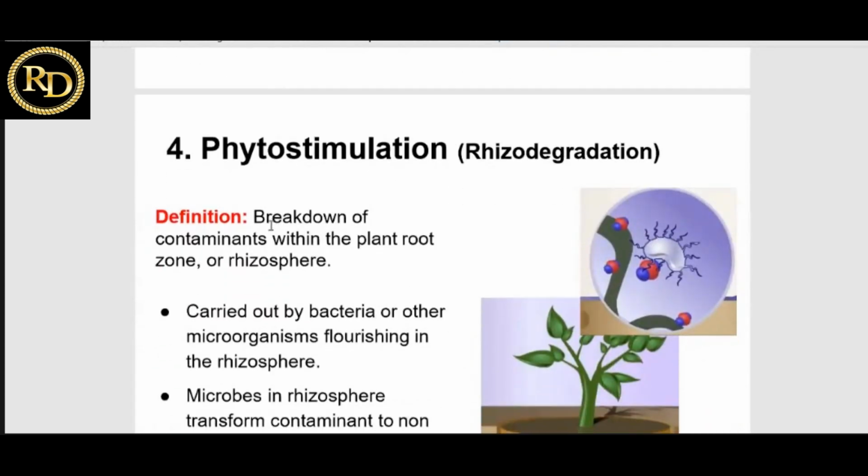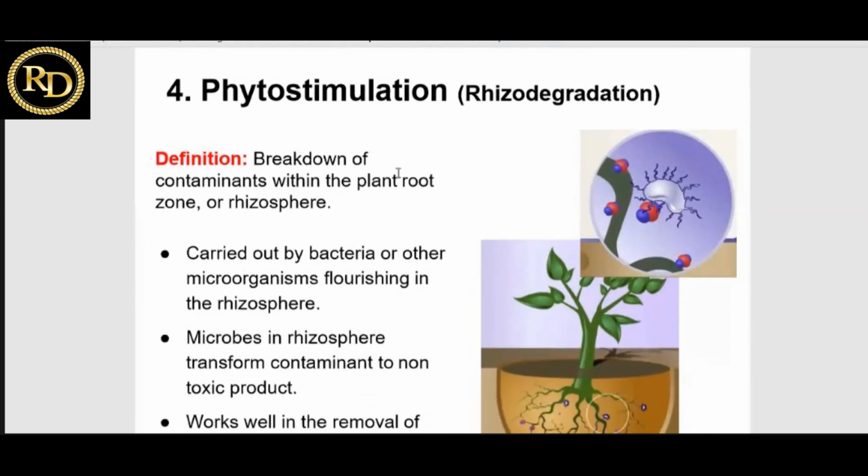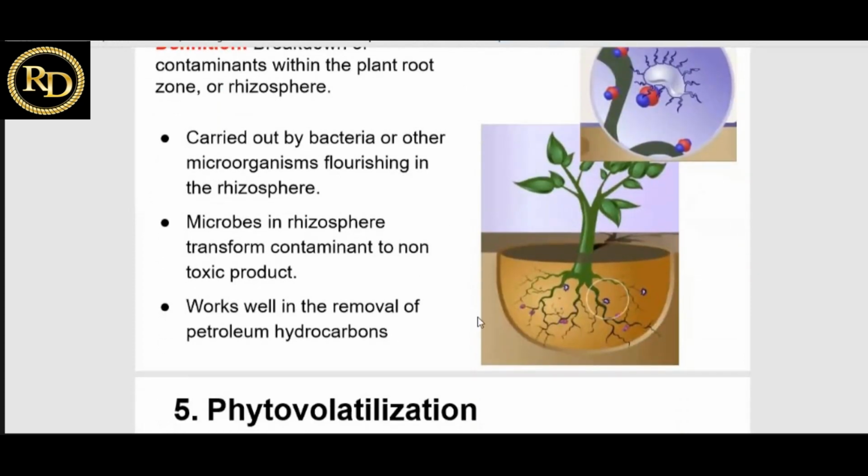The next one is called phytostimulation. Phytostimulation means rhizodegradation. This is one type of phytodegradation. This is the breakdown of contaminants within the plant root zone and the rhizosphere. That means within the root system, because of the presence of microbes, whatever microbial populations we have in the concerned rhizosphere, they may play a very important role in the transformation and degradation of the contaminants.